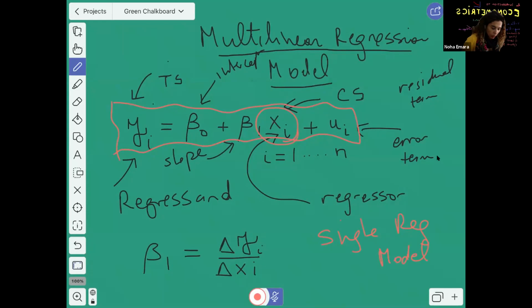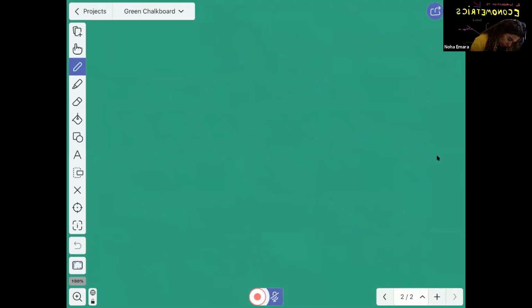And then when I talk about a multi-regression model or a multilinear regression model, it is actually the expansion of that. So I have to include more than one x, or more than one variable. So let me write with a different color.